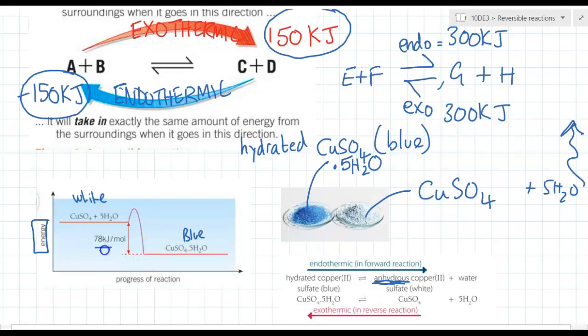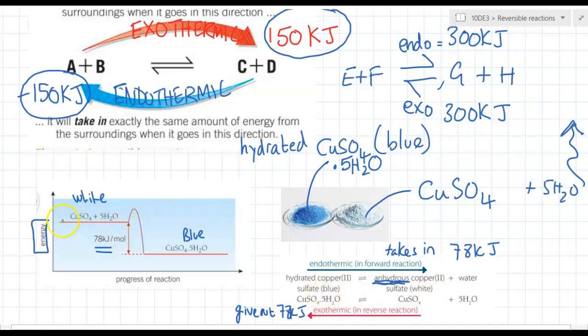And this value here is the amount of energy. So in our equation, we know that endothermic, taking in, it's going to take in 78 kilojoules of energy, and going backwards, exothermic, it's going to give out 78 kilojoules of energy. Takes in energy from the surroundings and cools down, going forwards, gives out energy, warms up the surroundings, going backwards.